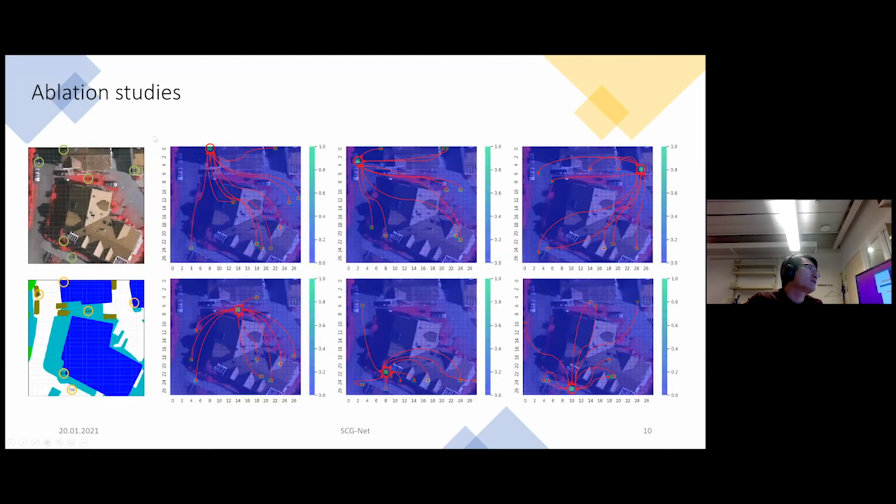And we also did some ablation studies. First, we visualized the learned graphs. From these figures, we show that the proposed model can successfully generate some latent graphs. And so we believe that's a reason why the graph network can predict so well on the final segmentation results.